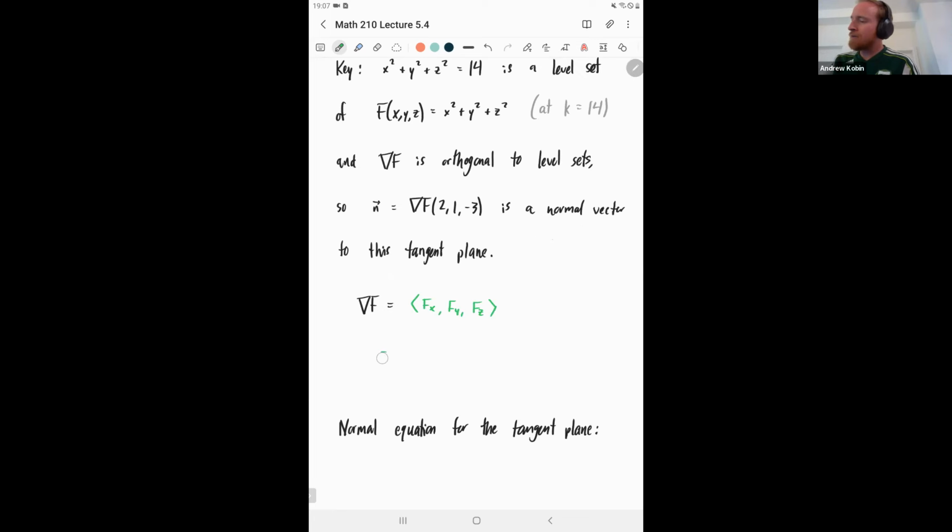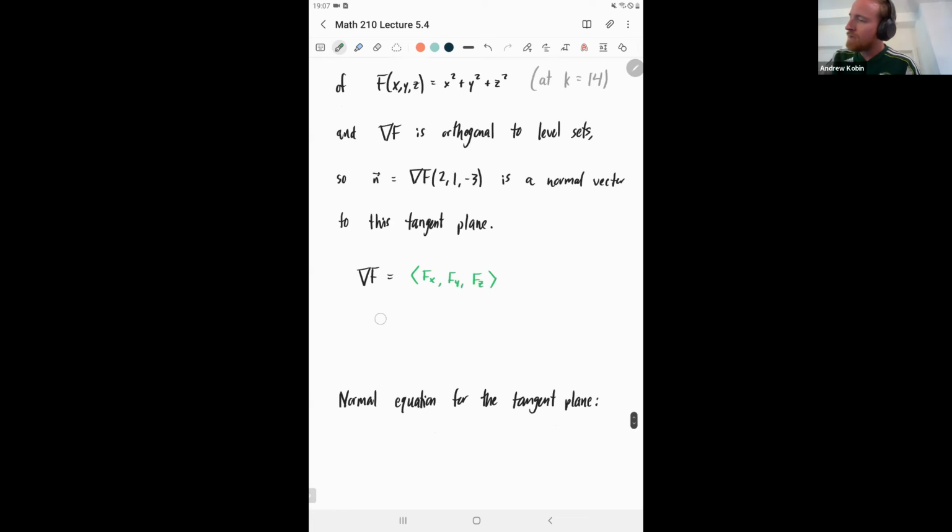So our function is x squared plus y squared plus z squared. This turns out to be pretty easy to compute each of the partial derivatives for. It's just going to be 2x, 2y, and 2z. And if you weren't sure about that, pause the video and make sure that you can compute all three partial derivatives of this function of three variables.